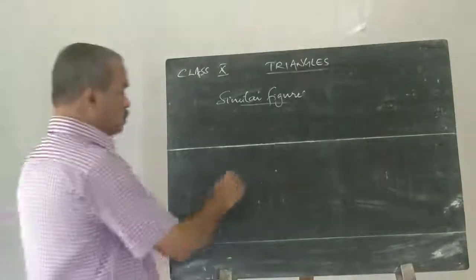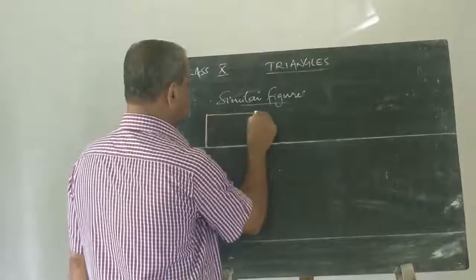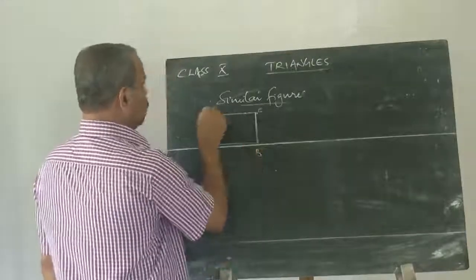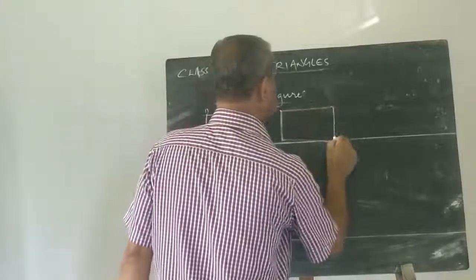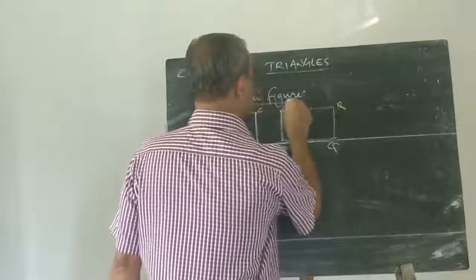In congruent figures, take rectangle ABCD and rectangle PQRS.